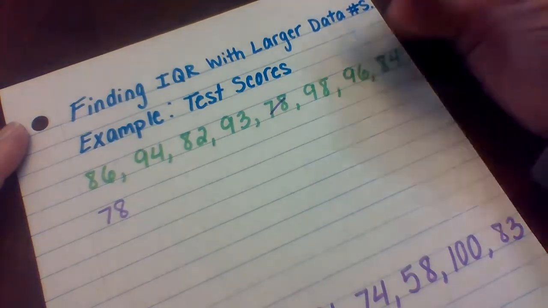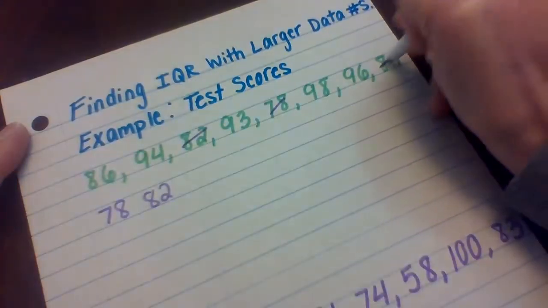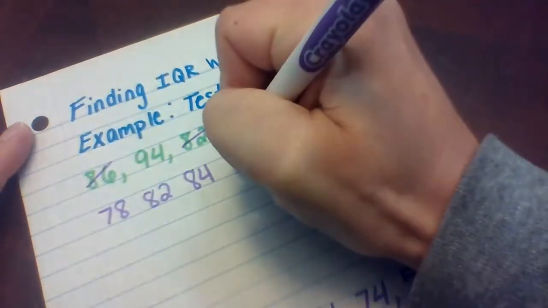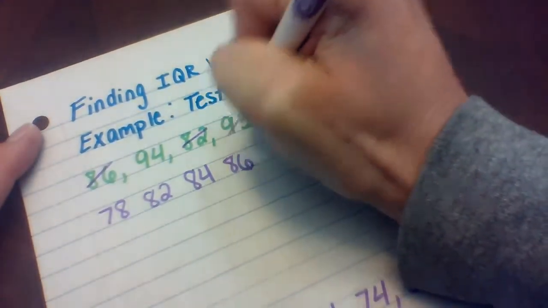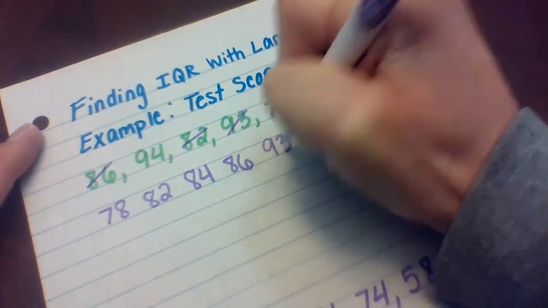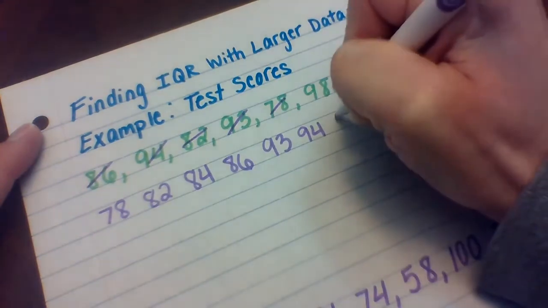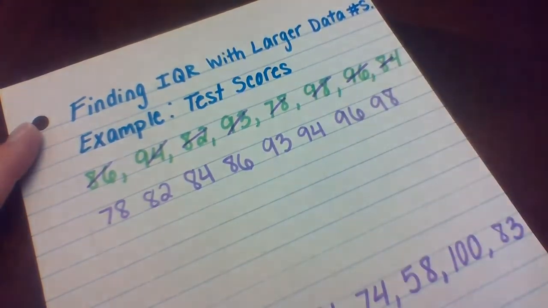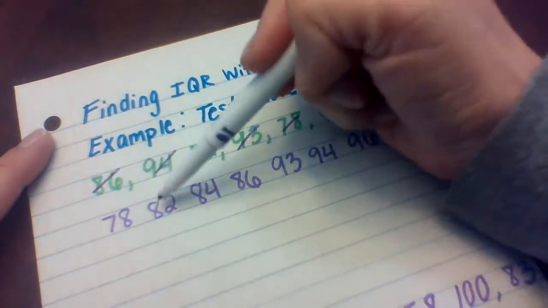So I have 82, 84, 86, and that's it for my 80s. And then I have 93, 94, 96, and 98.